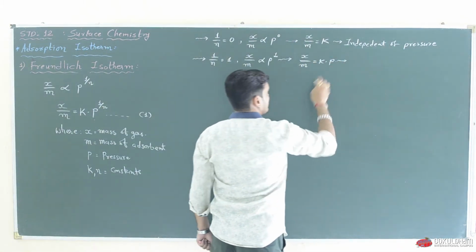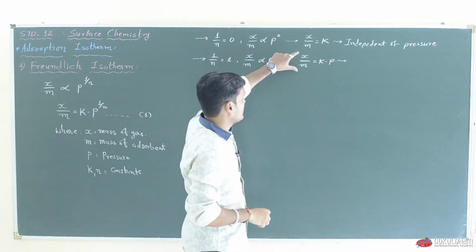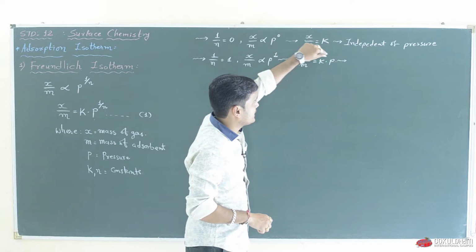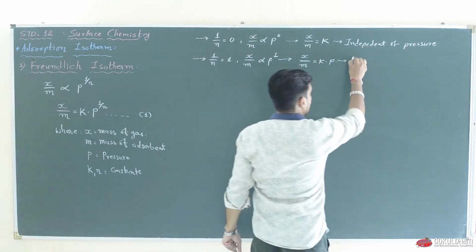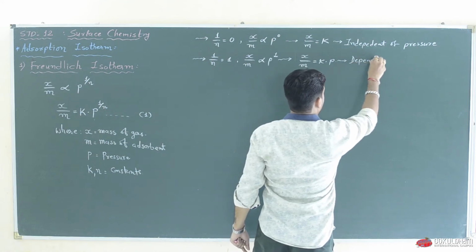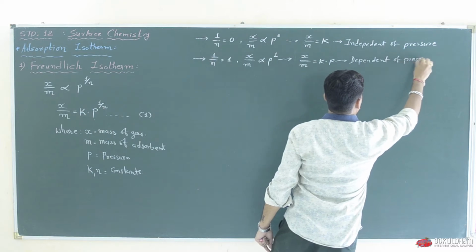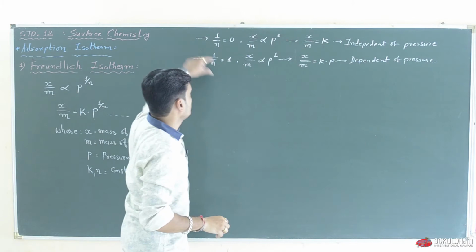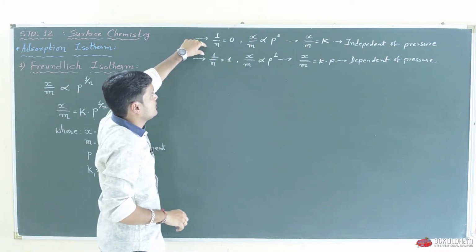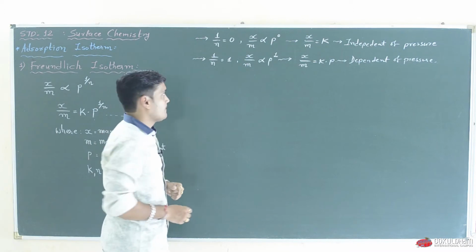There is a p present on the right hand side, so the adsorption quantity is directly dependent on pressure. Okay, you have to show these two possibilities of 1 by n.